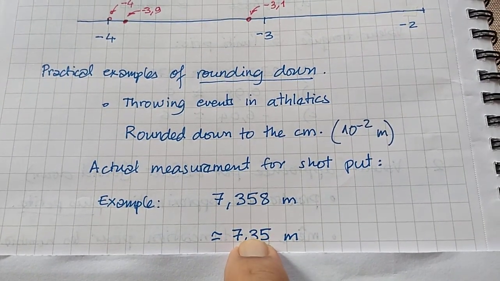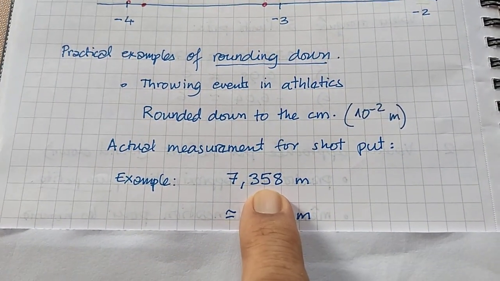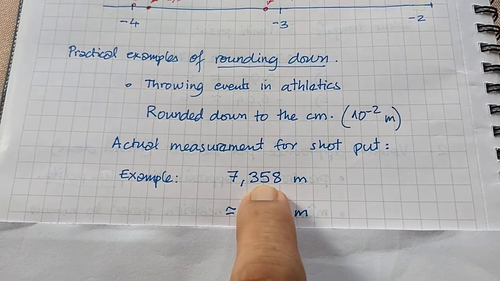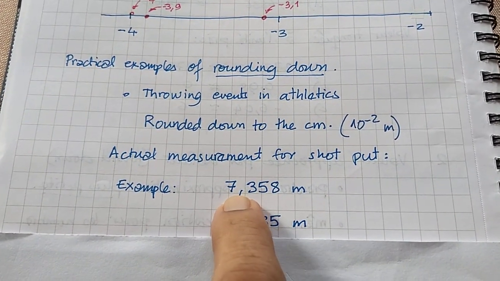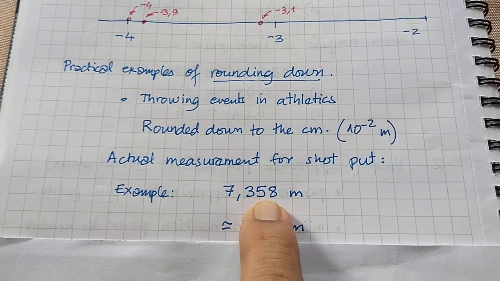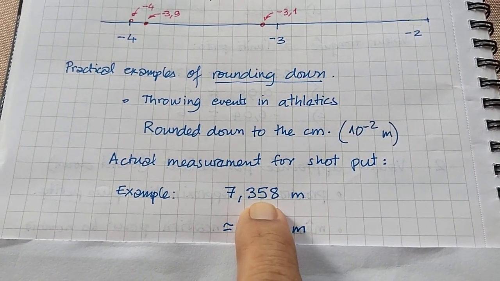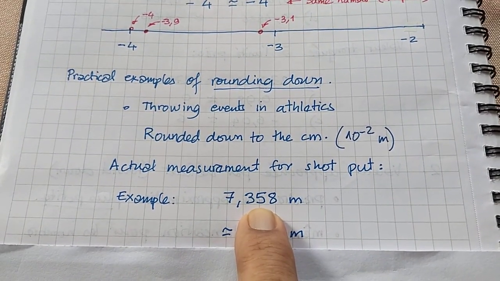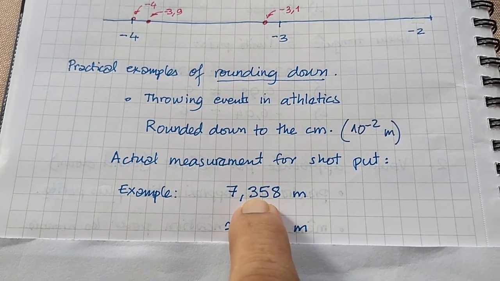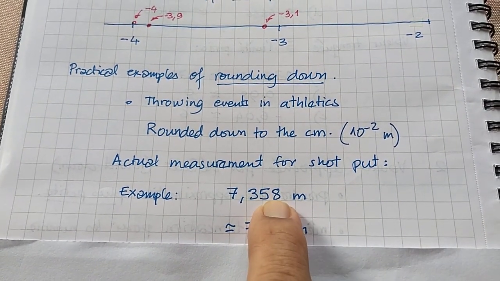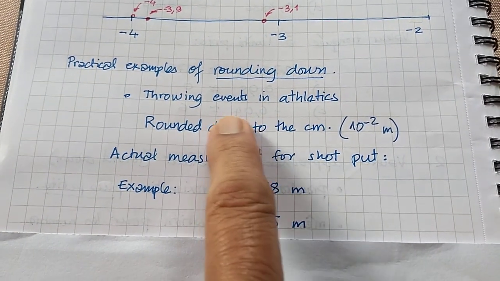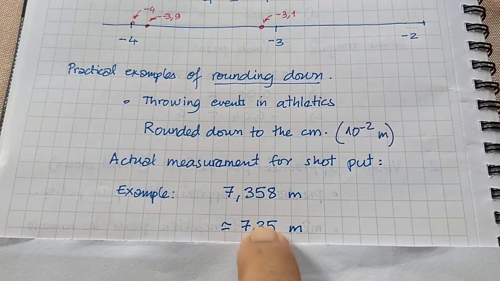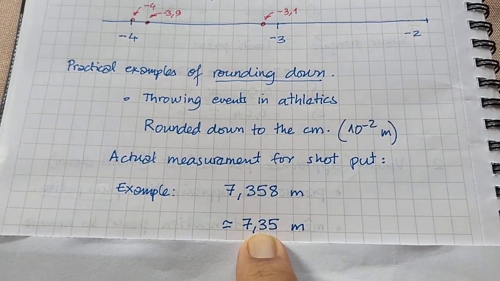But still, you go down because it's a rule in athletics that you cannot be given a better performance than your actual score. So if your actual score is 7.358, they cannot give you 7.36 because that number is bigger. So even if you reach 7.359, you will still come down to 7.35. This is the rule in athletics, that you always round down the number.